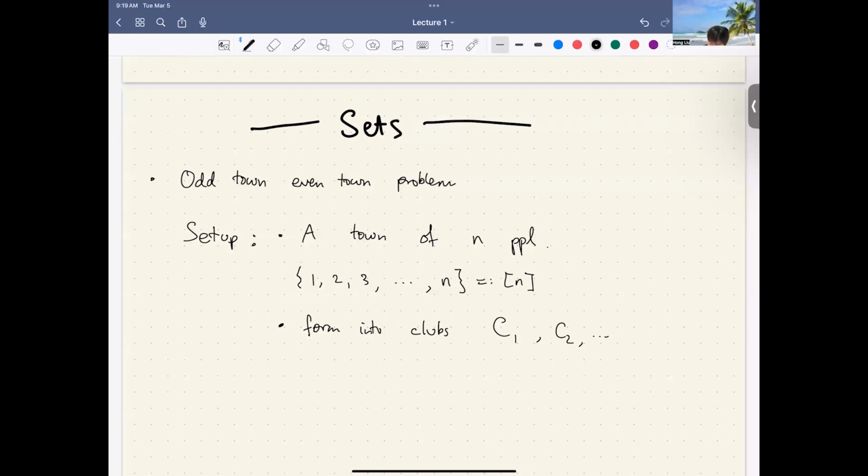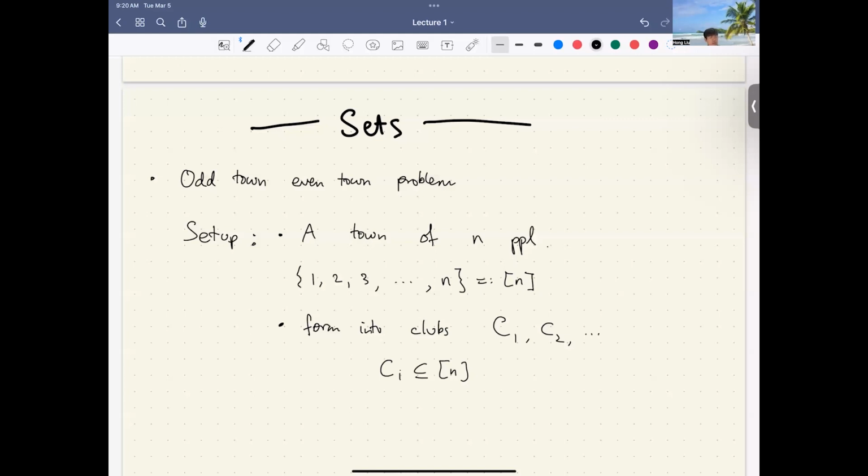Each club, if you view it as a set, each club Ci is a subset of the set of all people, right? Some subset of the people form into a club.